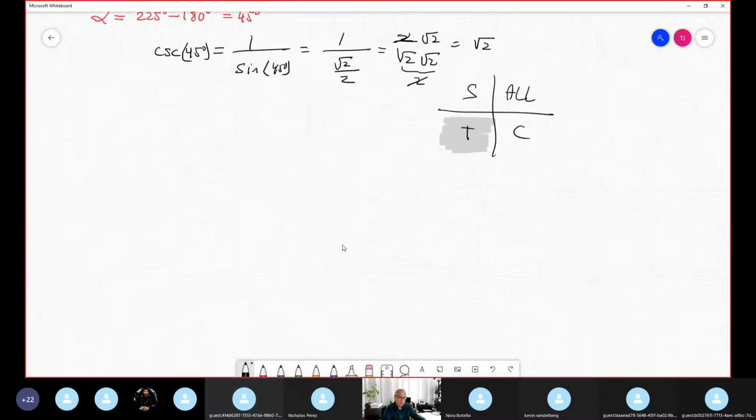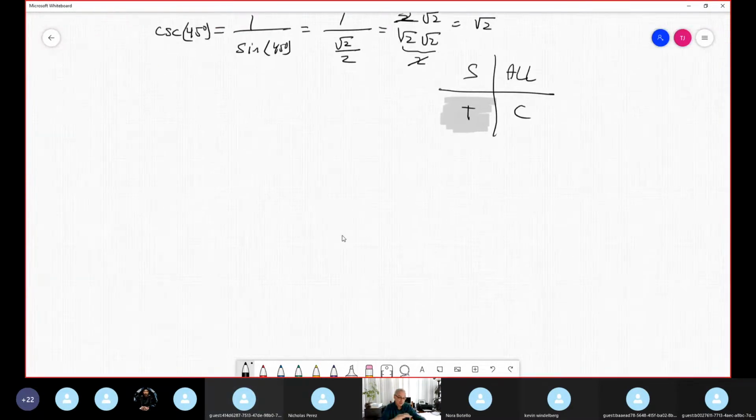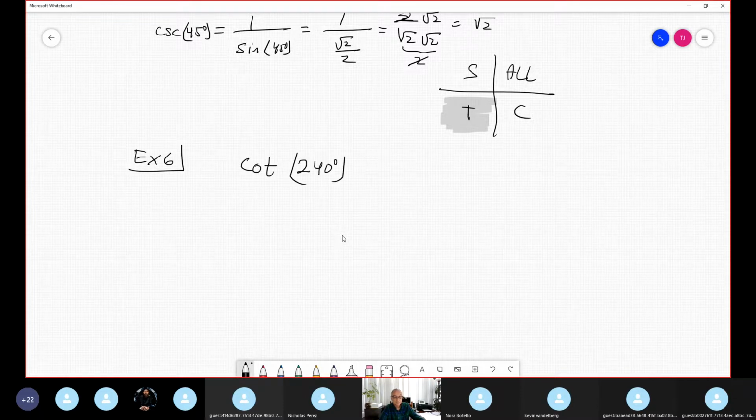Today, I bring a lot of problems, and this is the easiest, then more complicated. Example 6. Cotangent of 240 degrees. Again, I try to locate 240 degrees. In what quadrant does 240 degrees lie? Third quadrant, approximately here.